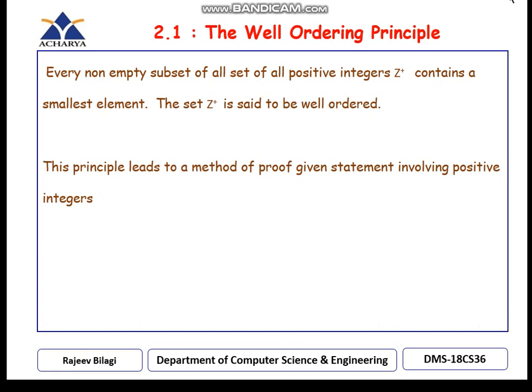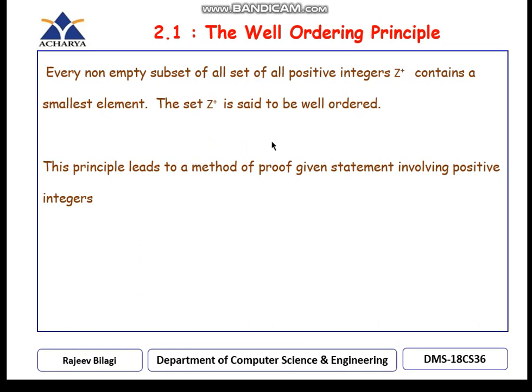So the well ordering principle states that every non-empty subset of all positive integers Z plus contains a smallest element. So always Z plus contains a smallest element.